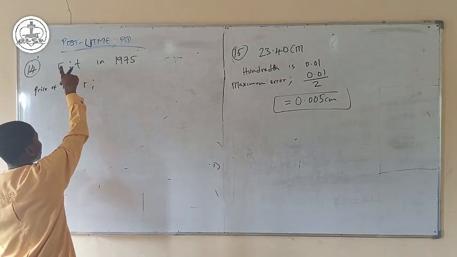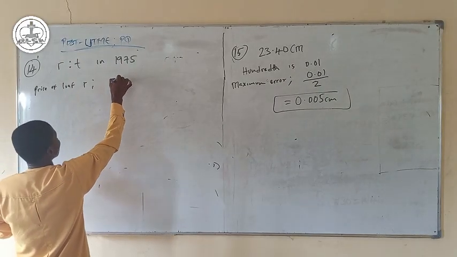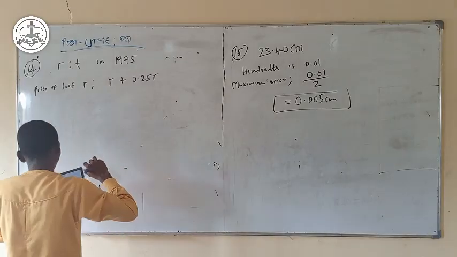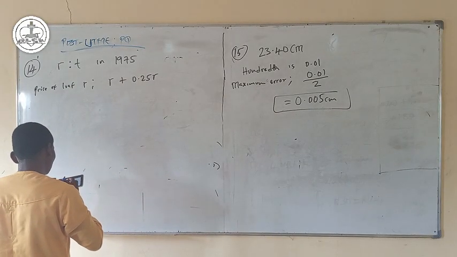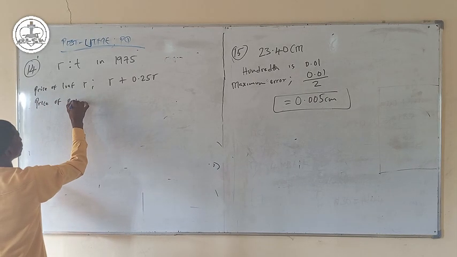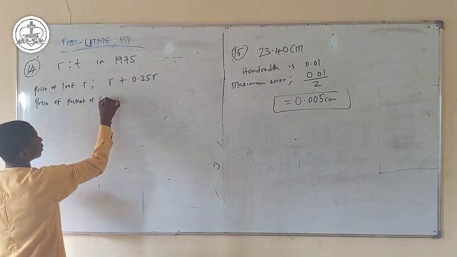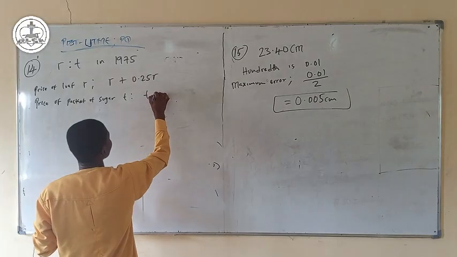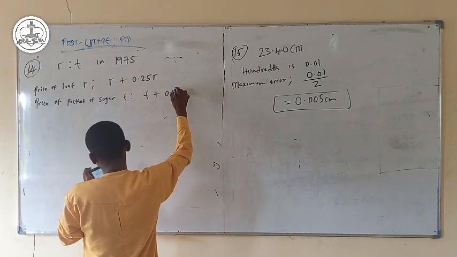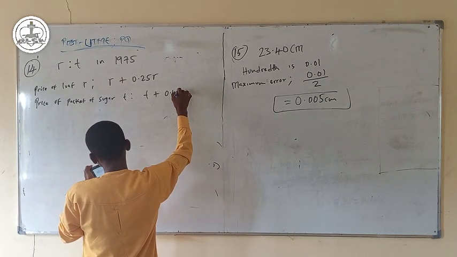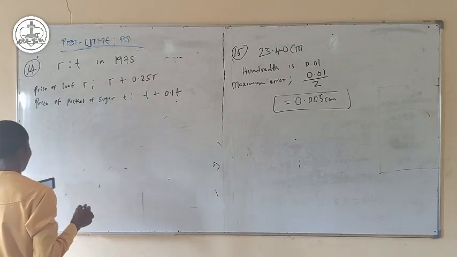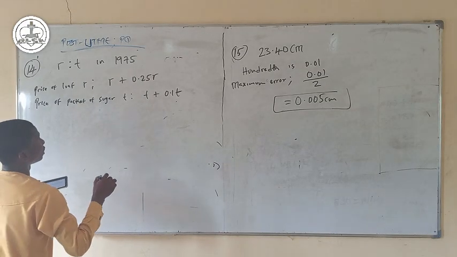In 1975 it was R, so now it will be R plus 25% of that, that is 0.25 R. The price of a packet of sugar, which is our T, increased by 10%, so T plus 0.1 T. What will now be their new ratio?